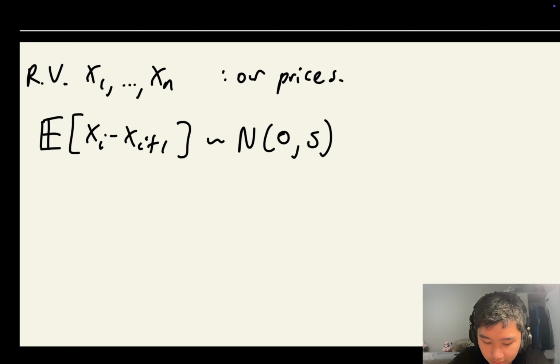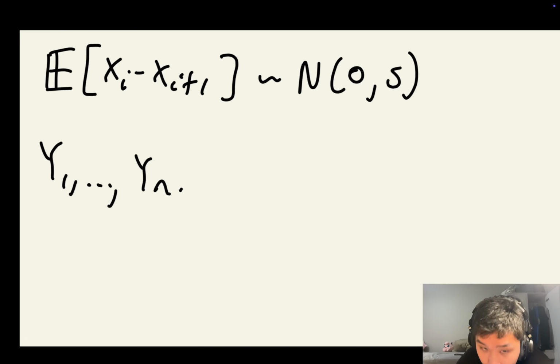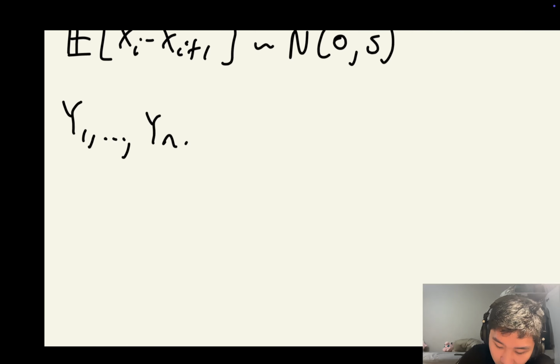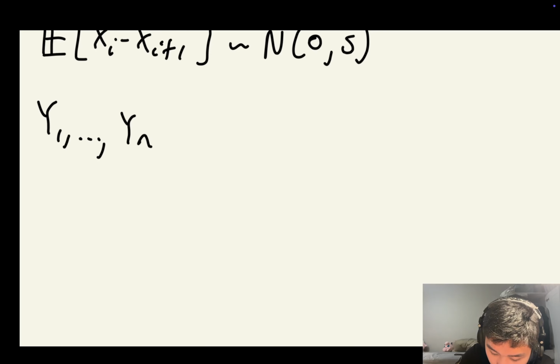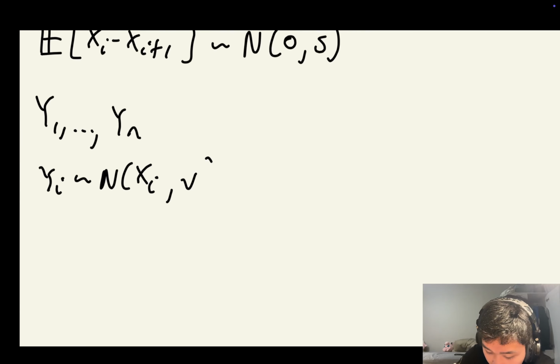Expected value. We also have y1 through yn, and we're saying that the observation error is, so it's going to be xi with some variance v, and this v is common, so we want to estimate v and s.